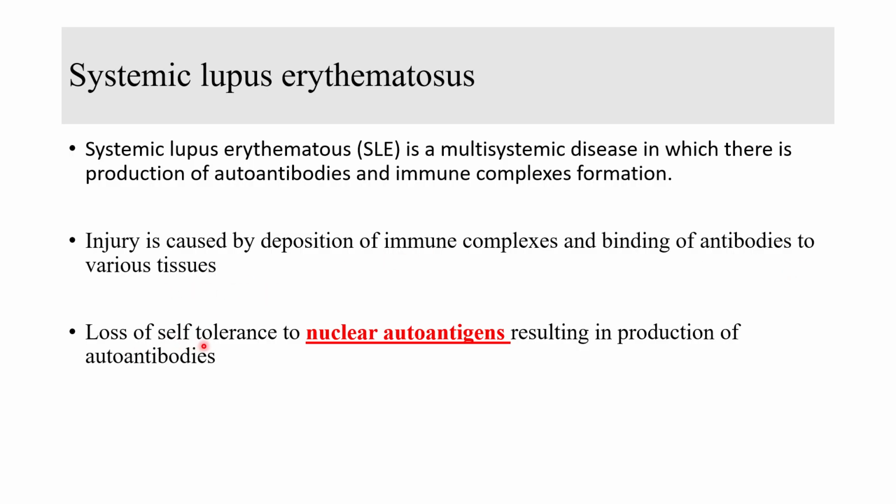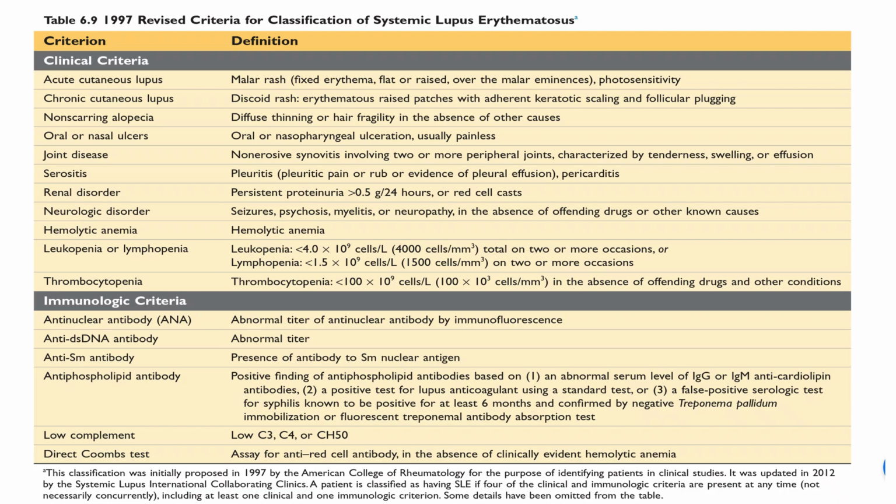There is loss of self-tolerance to the nuclear autoantigen, resulting in the formation of autoantibodies. This is the criteria for systemic lupus erythematosus. There is clinical criteria and immunological criteria. These are the components of the clinical criteria and these are the components of the immunological criteria.